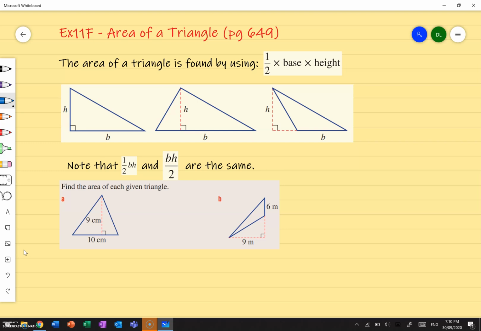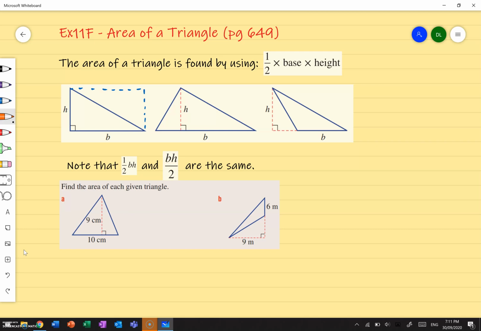And the reason is, if I have, let's focus on this one over here. If I have this triangle over here, we know that the base is from there to there. We know the height is from there to there. Now if I was to finish off this shape, I mean draw this rectangle, it's not perfect, but that'll do. You can see that that triangle there is actually half of the rectangle.